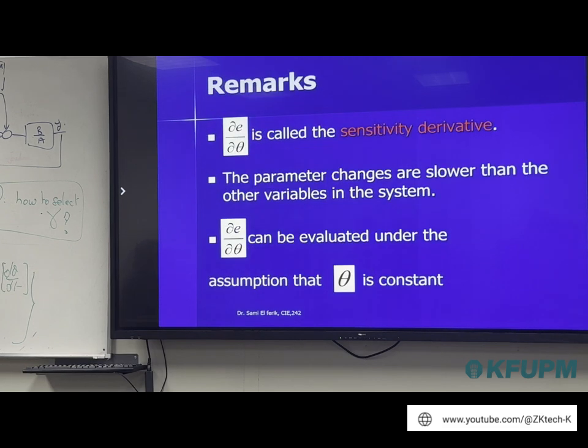Yes, please. When you say the parameter changes are slower, it means that the controller will be able to get the values, then the parameters will change after the controller gets closer. Not only the controller, after the system, you mean? That's what I'm saying. The system gets closer before the parameters change.